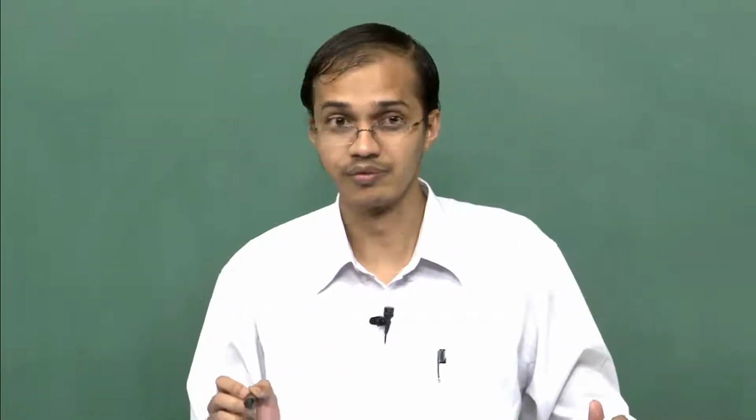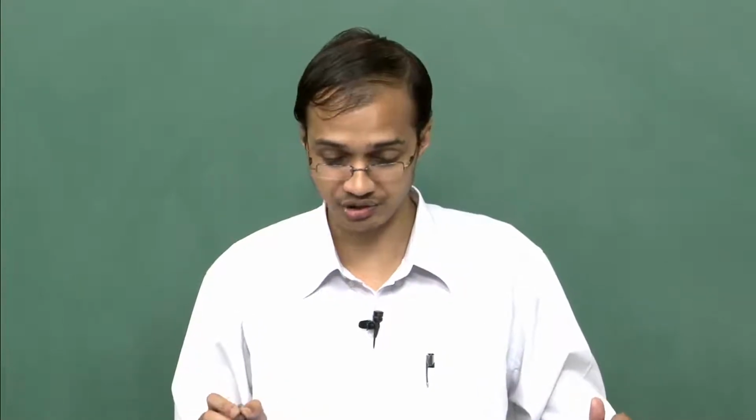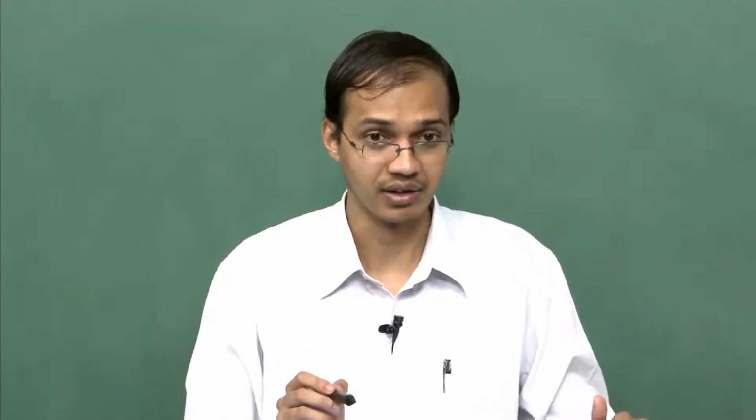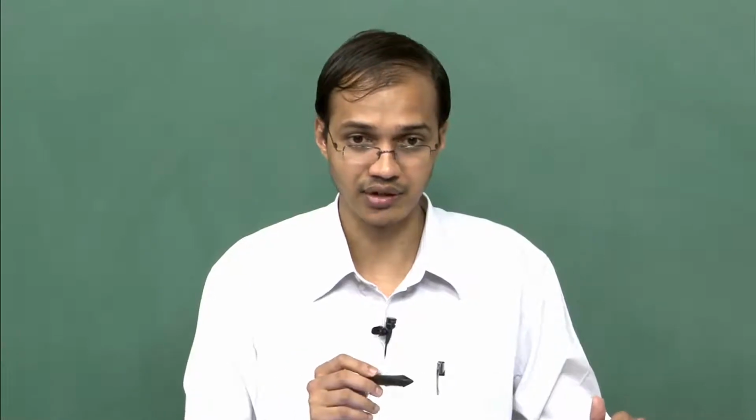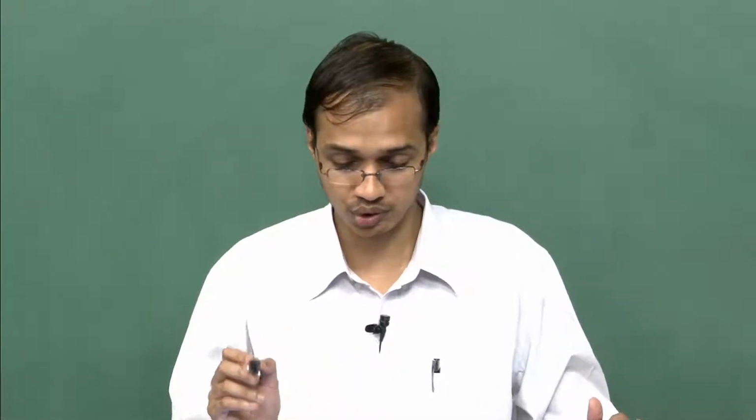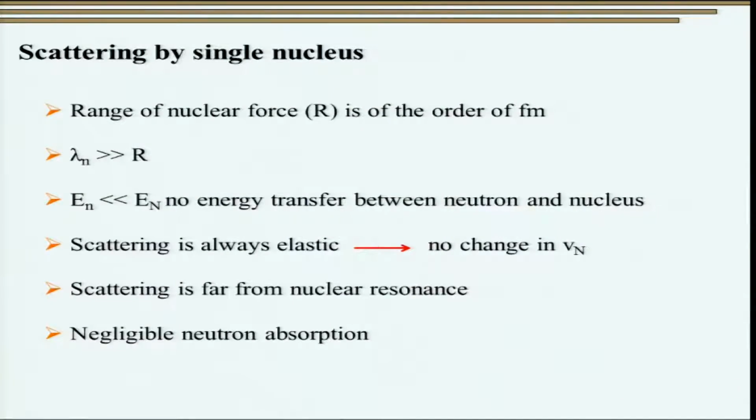So, the velocity of the neutrons does not change. However, their angle, the d omega part we talked about in the last slide, may change. So, the scattering is far from nuclear resonance, and there is no absorption of neutrons during interaction of a neutron with the nucleus of an atom.